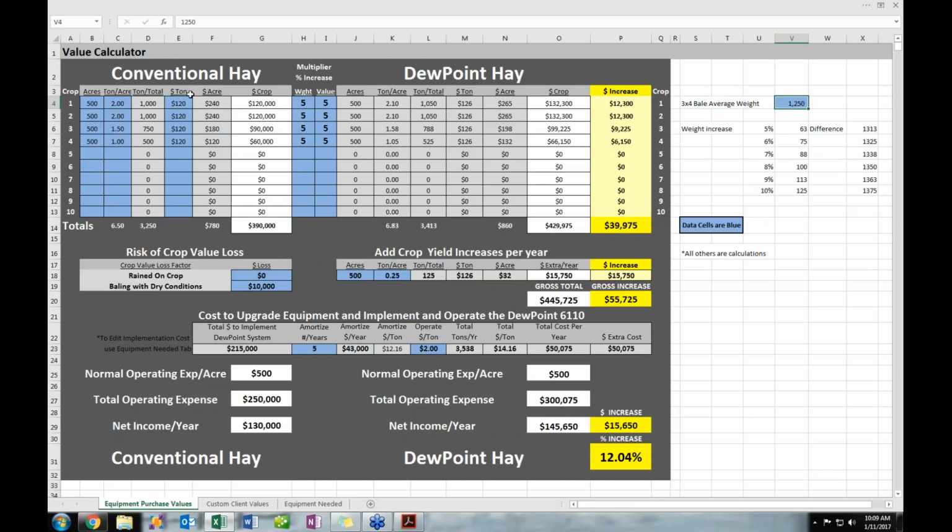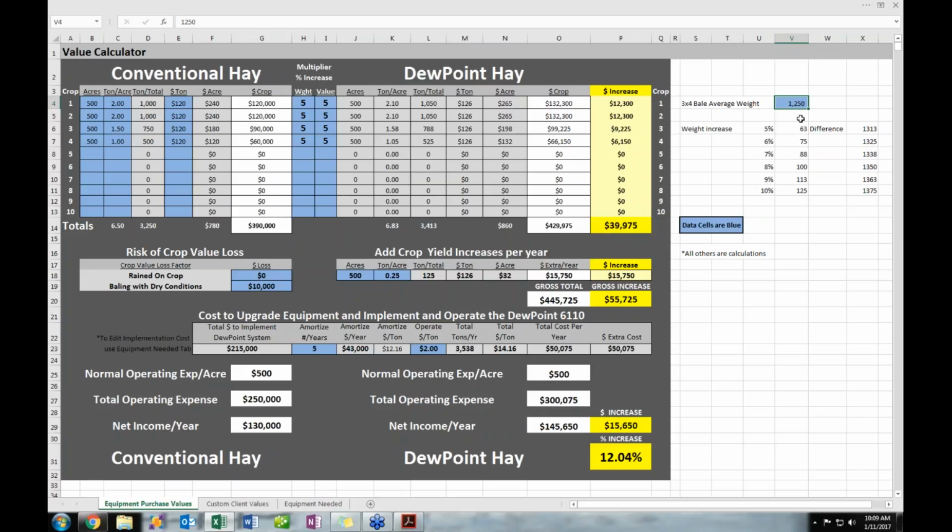Anything that is blue on this value spreadsheet is basically where you can enter information that changes the calculations. If it's grayed out or white, you cannot change those. They're actually the calculations of our input on the blue section.